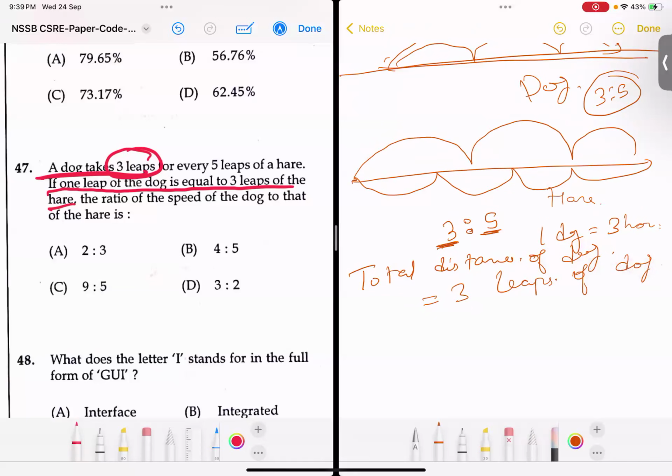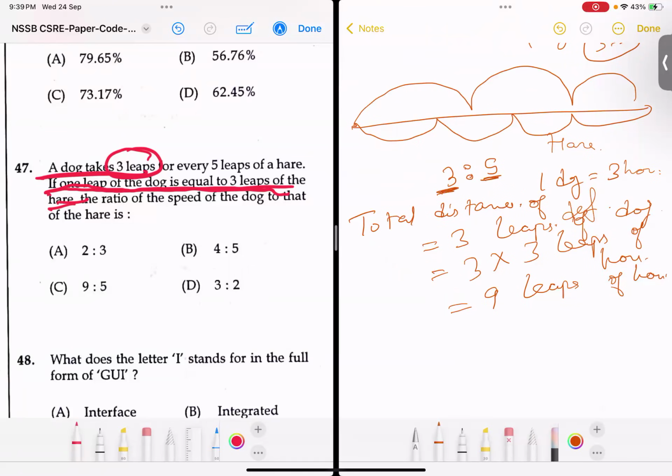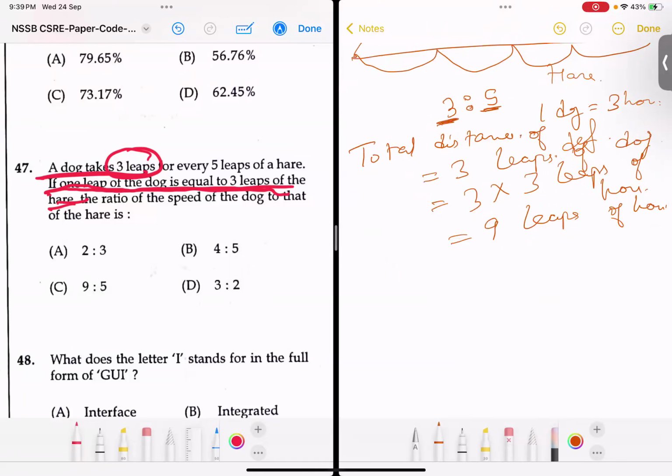Now, we all know that 1 leap of a dog is equal to 3 leaps of a hare, right? Which means this is equal to 3 into 3 leaps of hare, right? So it will be 9 leaps of hare, right? So the 3 leaps taken by the dog is equal to 9 leaps of hare, right?